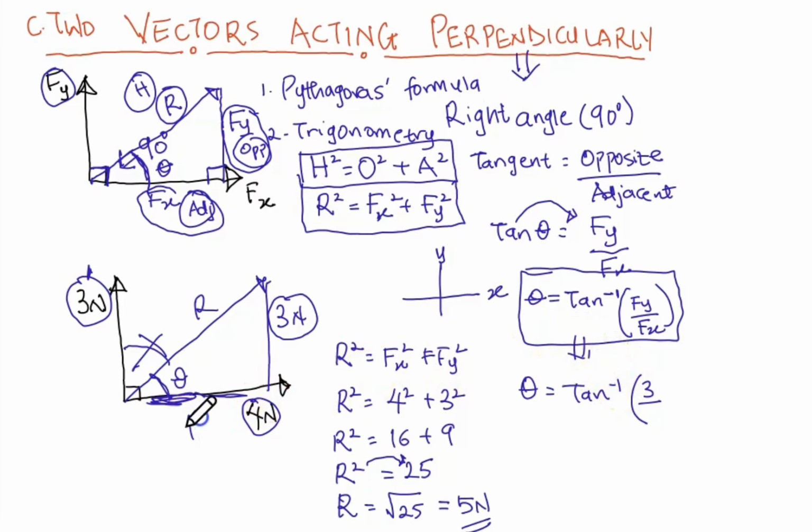This is clearly your Fx, and just to add, Fy is simply the vertical, like the standing position, and Fx is the lying position. So this is 3 over 4, and 3 divided by 4 gives us 0.75. When you take your calculator and press tan inverse of 0.75, the value of this angle is going to be approximately 36.9 degrees.